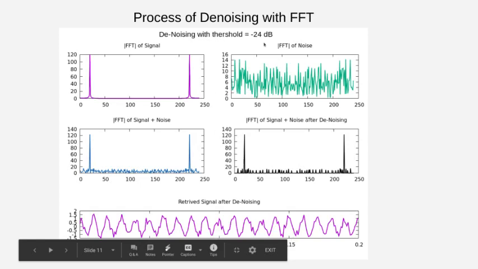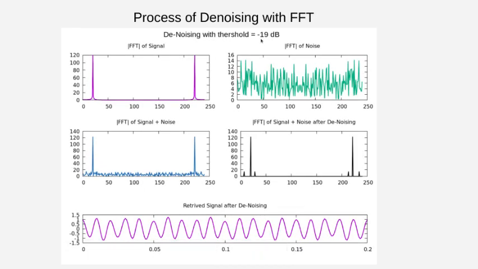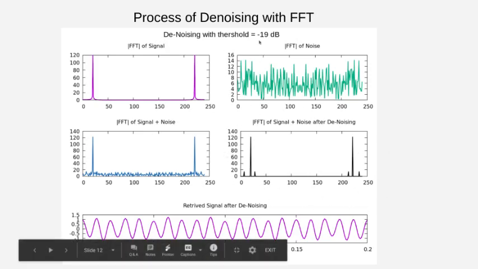Now in the next slide I will increase this threshold to minus 19 dB. You see that the noisy spectrum is here. Then we kept a threshold of minus 19 dB, and beyond it I removed all the components. I do an inverse fast Fourier transform of the cleaned up signal after applying the threshold.